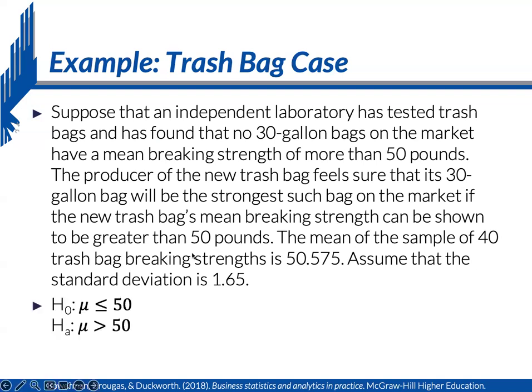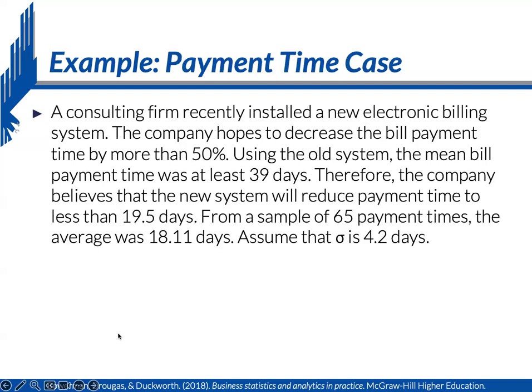So again, the hypotheses are mathematical representations of those two different statements. The null hypothesis is the status quo. So currently, our assumption is that the average for all the trash bags is less than or equal to 50 pounds. And we will try to see if we can generalize for all the trash bags that the average is now greater than 50 pounds.